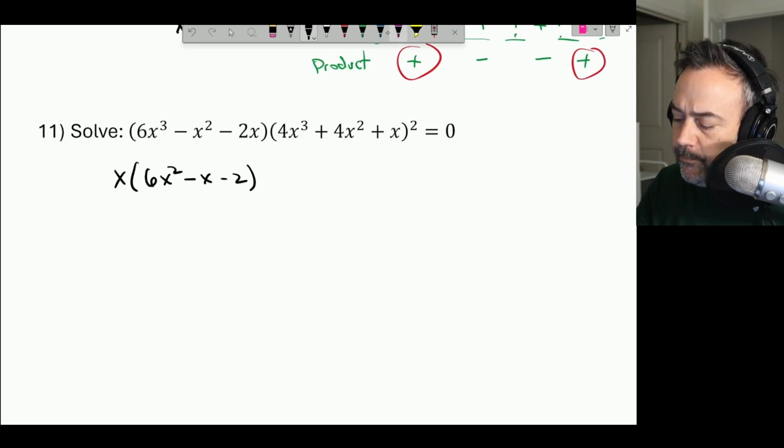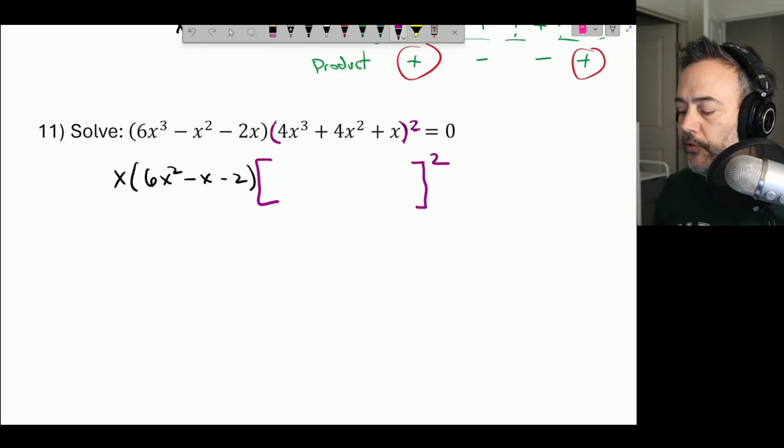Okay, careful. Do you see that this is all being squared? So it can be helpful, if I'm going to factor inside of here and all the factors are going to get squared, to put a bracket around it and factor inside of here.